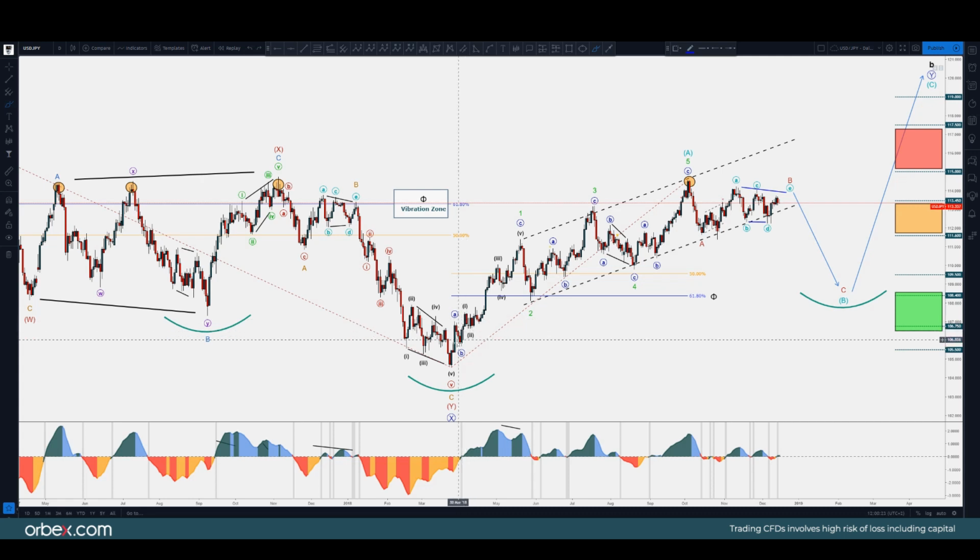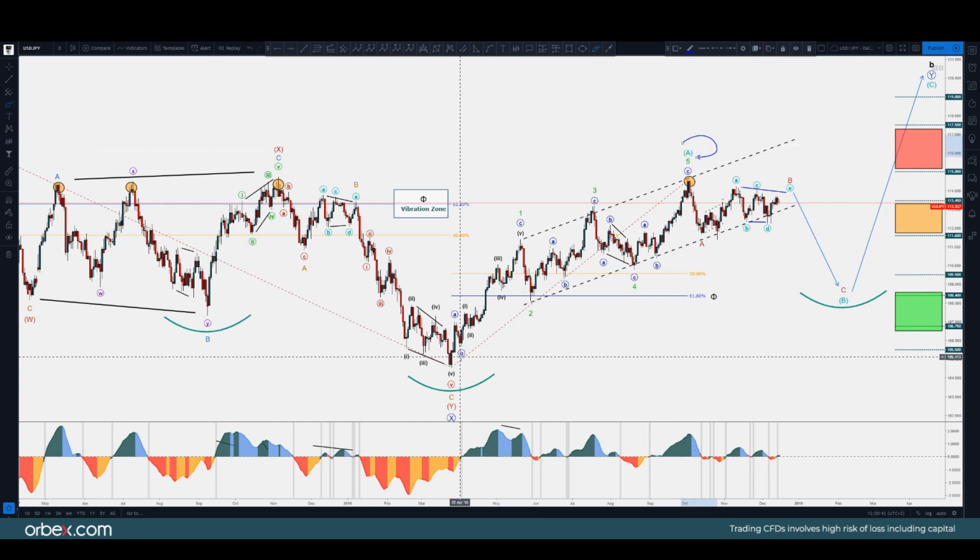The way I'm labeling USDJPY after the sell-off, which ended on the 23rd of March 2018: the rise, the bullish sequence, is a leading diagonal in this intermediate degree wave A, turquoise.